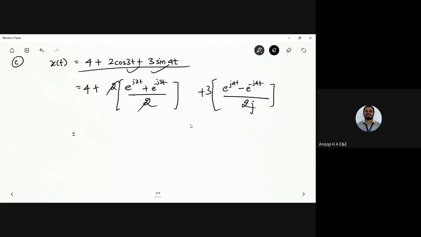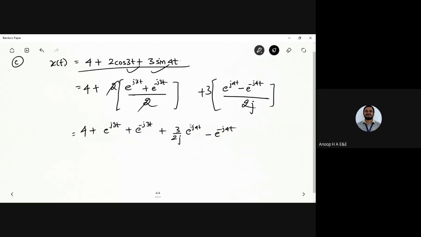I think you are not going through the concepts that we have done previously, so see to it that you do it. Yes, can anyone tell me what we are going to do? 4 plus, let me expand to make it clear, plus e power minus j 3t plus 3 by 2j e power j 4t minus e power minus j 4t.